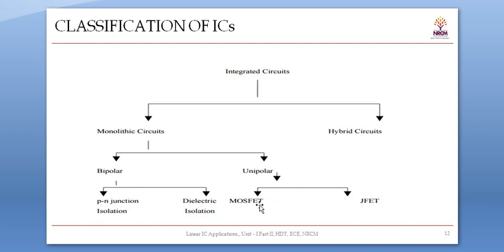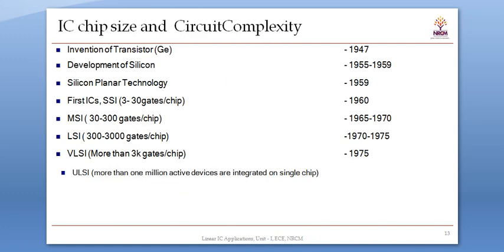Now we will move towards IC chip size and circuit complexity. Up until the 1950s, electronic device technology was dominated by the vacuum tube. The present day electronics is the result of the invention of the transistor in 1947.